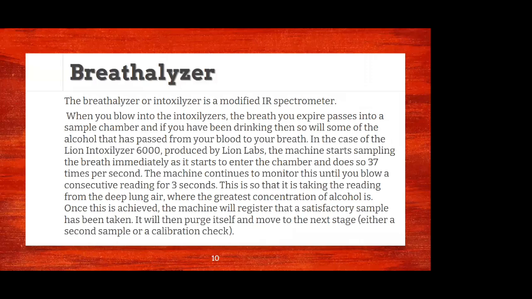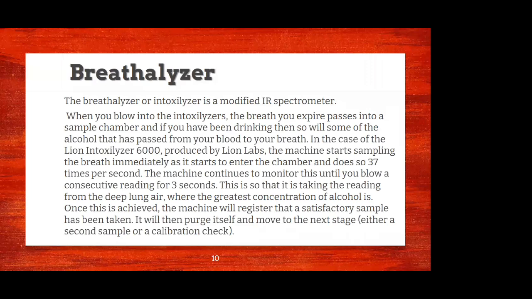When you blow into the intoxilyzer, the breath you expire passes into a sample chamber, and if you have been drinking, some of the alcohol has passed from your blood to your breath. In the case of the Lion Intoxilyzer 6000 produced by Lion Labs, the machine starts sampling the breath immediately as it starts to enter the chamber and does so 37 times per second. The machine continues to monitor this until you blow a consecutive reading for 3 seconds.